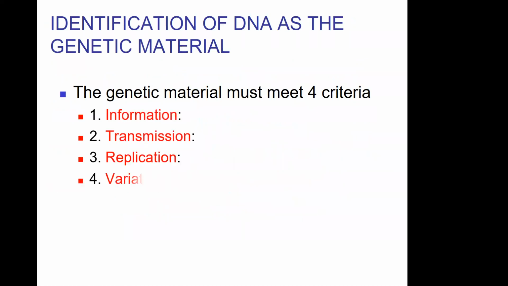See, there were 4 criteria that were all suitably answered, and DNA can provide all this. So obviously the actual nucleotide sequence of the DNA provides information. That was actually the last part of the picture to be figured out of how it worked, but that does provide the information, and it is transmitted from generation to generation. That was the Hershey-Chase experiment, as well as the information was from the Oswald-Avery experiment.